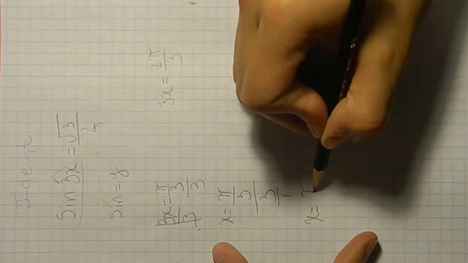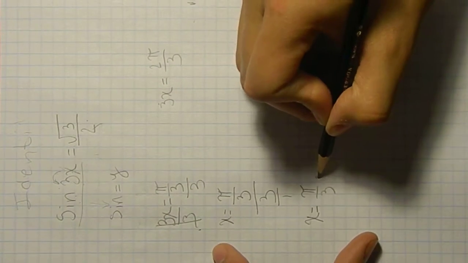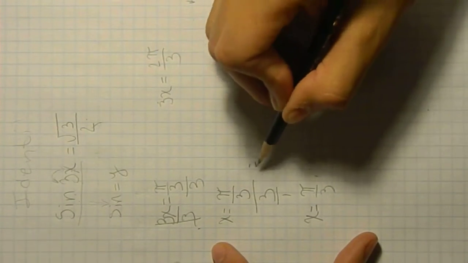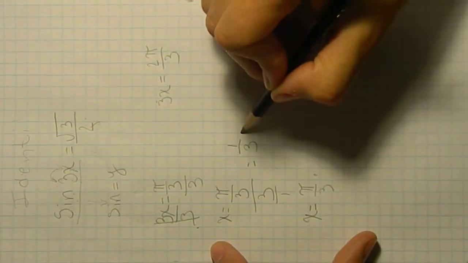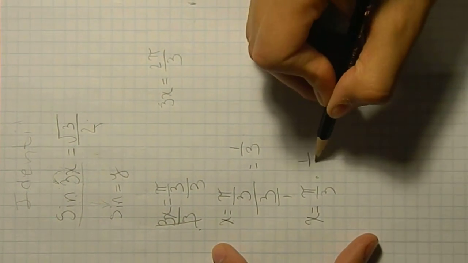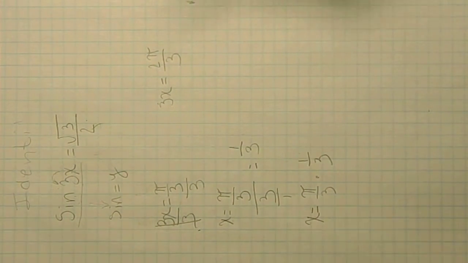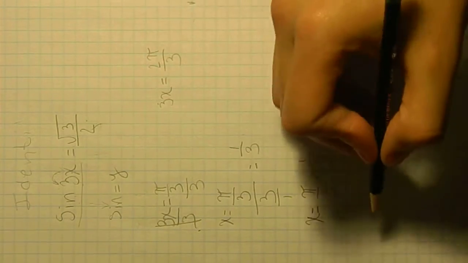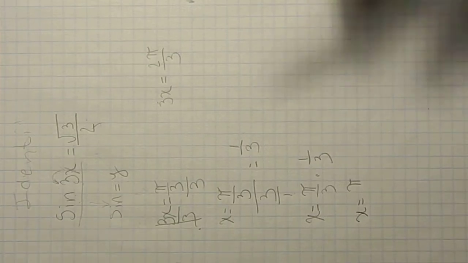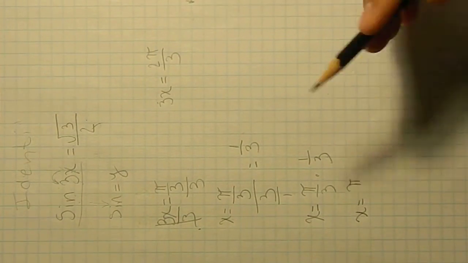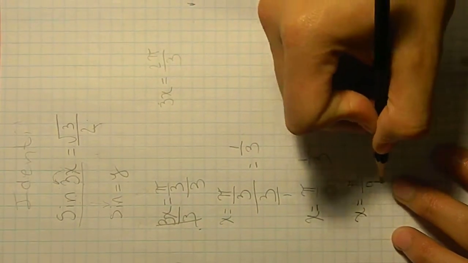The reciprocal is the same fraction, but flipped like this. So we make that 1/3, and now we say x equal to pi divided by 3 times 3, which is 9.